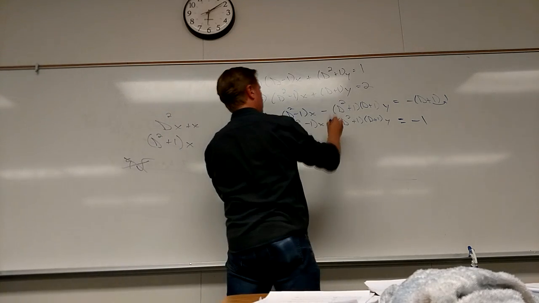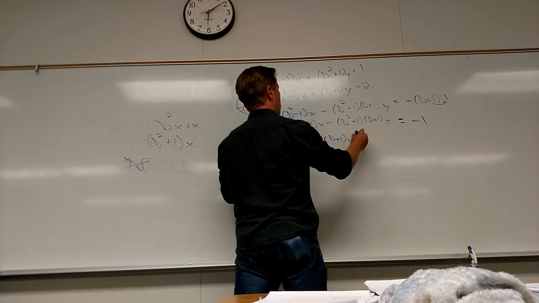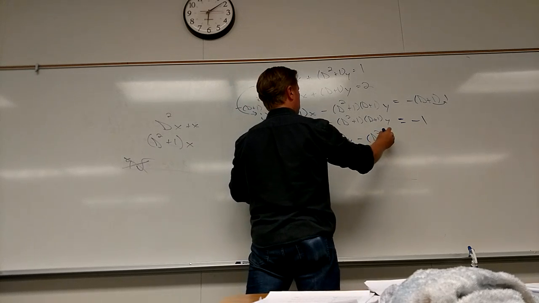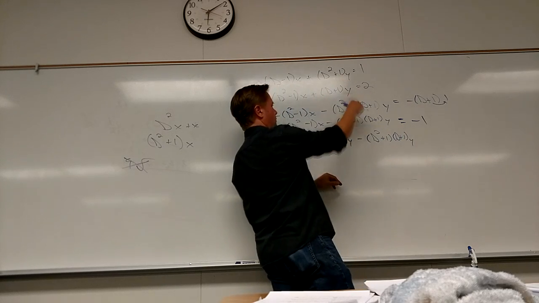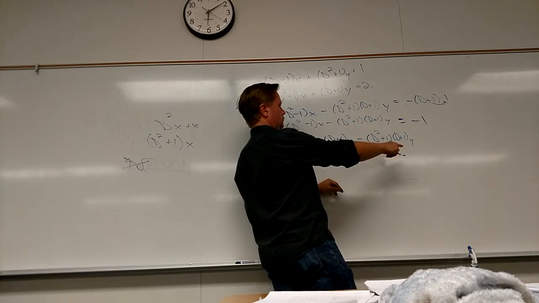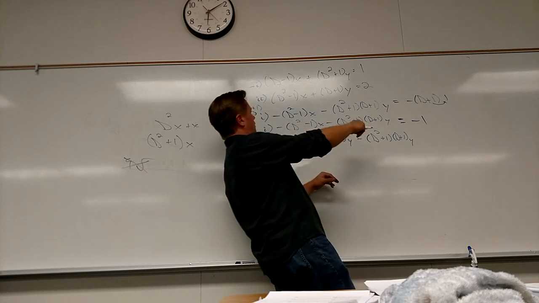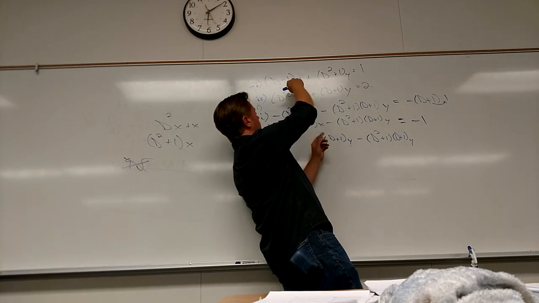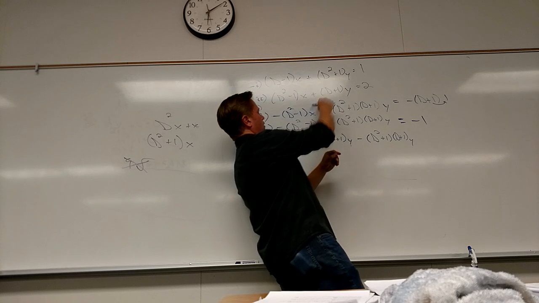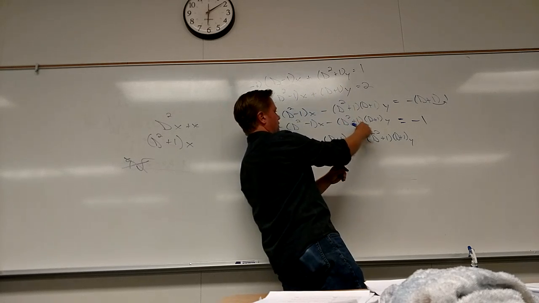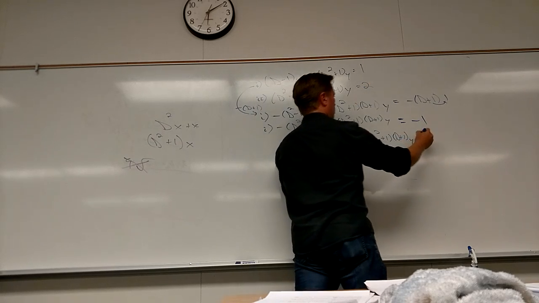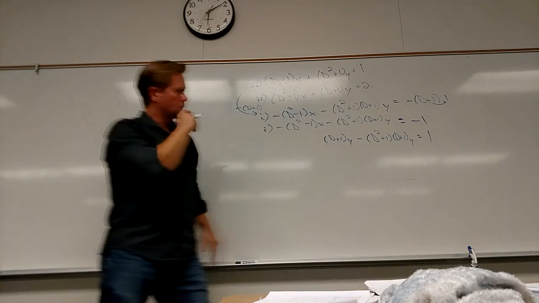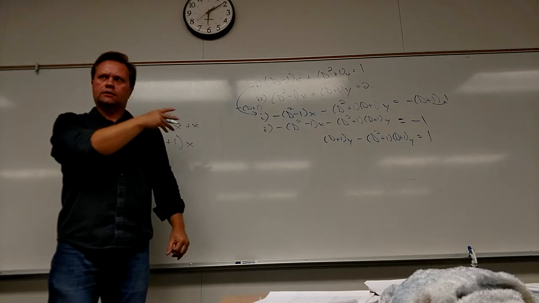And then I get d plus 1 y minus d squared plus 1 d plus 1 y. Right? Is that cool? Right here. So these killed each other. This plus this is here. And then I have 2 minus 1 is 1. And now I just need to clean that up a little bit.